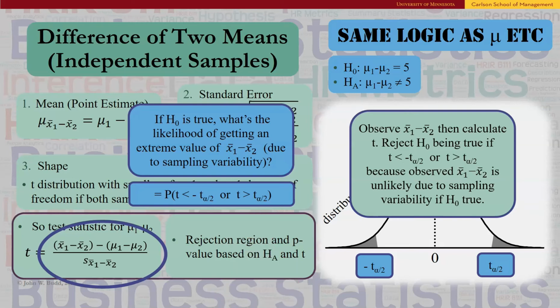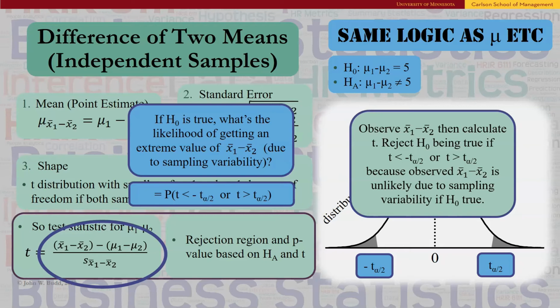That gives us our t-statistic, and we compare the actual value of the t-statistic that we get based on our sample statistics to our critical values. We reject the null hypothesis as being true if we have an extreme value of our test statistic. That is, if t is out in one of the two tails, so it's less than the negative critical value or greater than the positive critical value.